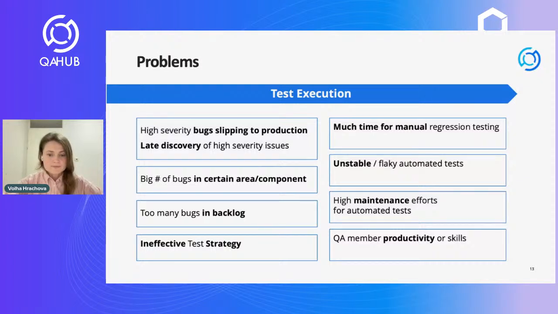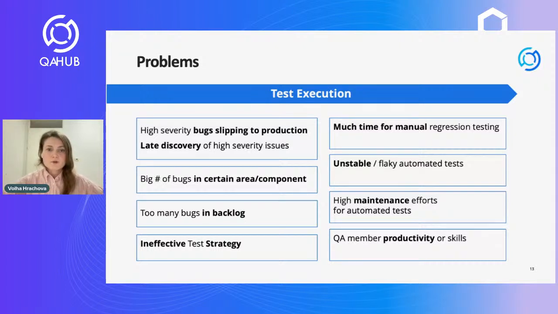Another problem is that sometimes a lot of time is spent on manual regression testing, and it is an issue because usually testing happens at the end of the release life cycle, and usually we are already behind schedule or tight on schedule, and testers are being pushed to fit into timelines, and spending a lot of time on manual testing here is usually challenging.